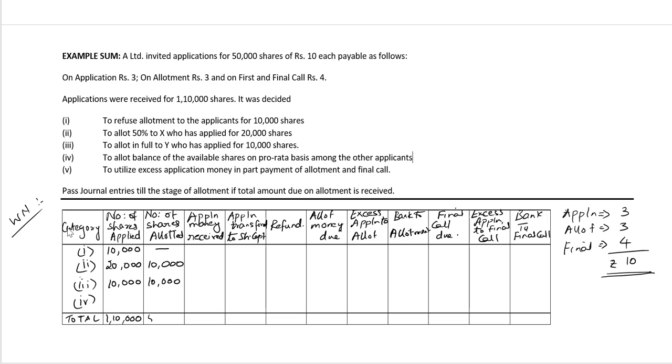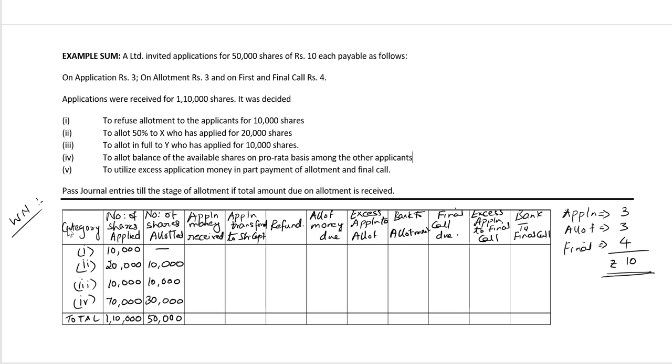So the company cannot issue or allot more than 50,000 shares. So the balancing figure in the fourth category for the number of shares applied is 70,000 shares, against which 30,000 shares are allotted. So these are the categories.